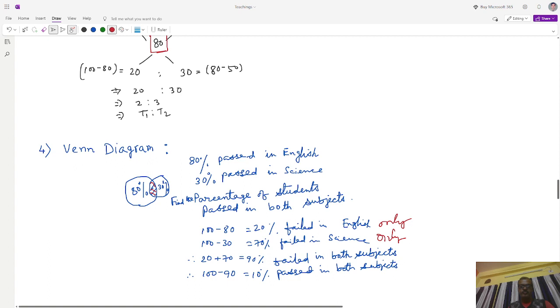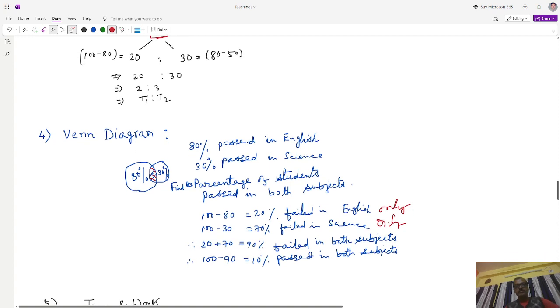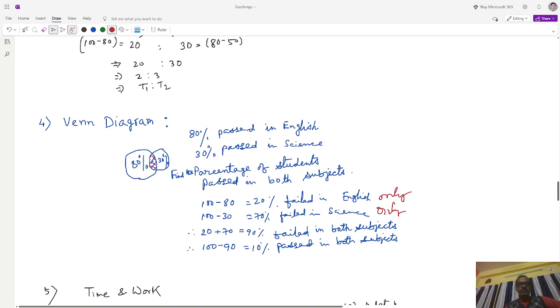So 100 minus 90 equal to 10% passed in both subjects.